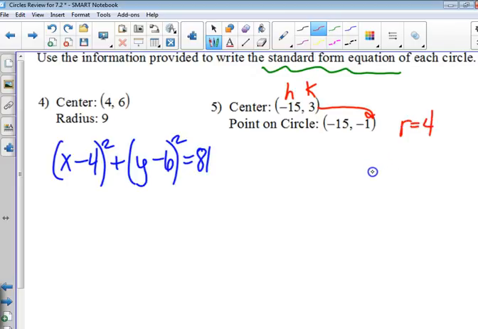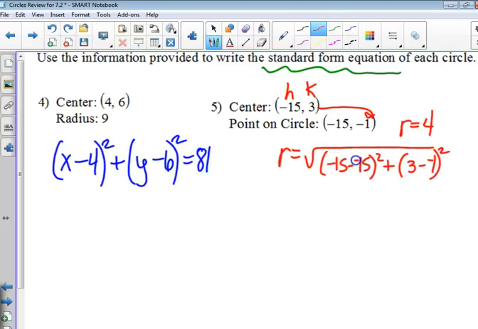But what if they didn't line up horizontally or vertically? Yeah, to find the radius, you could use the distance formula, yes? I'm just saying that so you know how you could do it if they didn't line up.